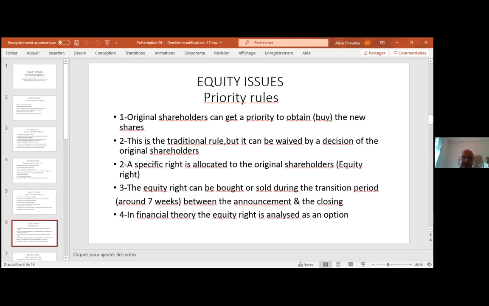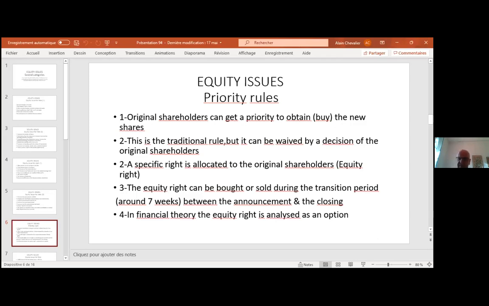A specific right is allocated to the original shareholders. This is what we call an equity right. That means the old share is now divided into two elements, a new share and an equity right.